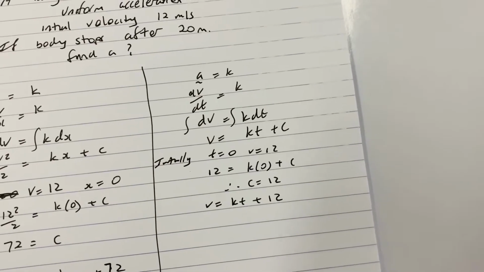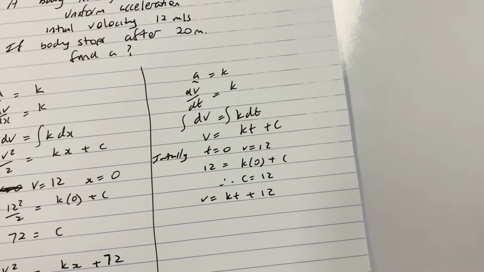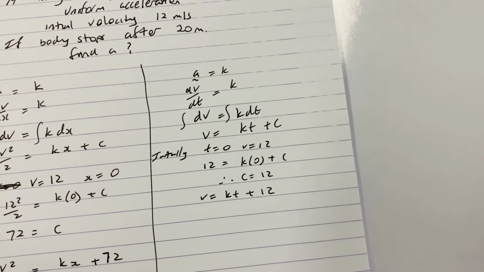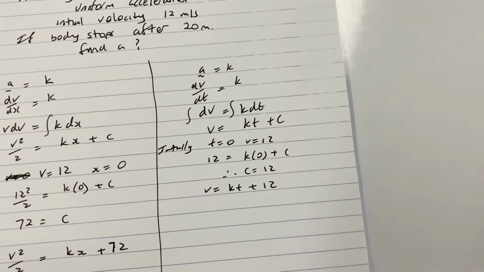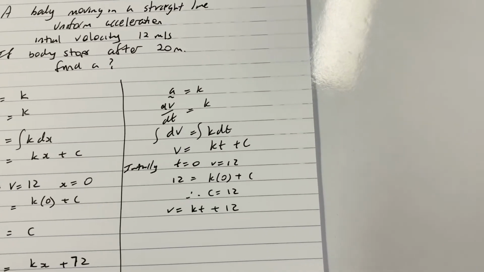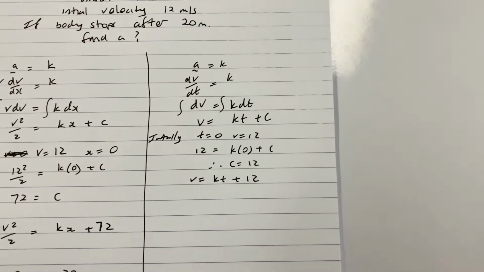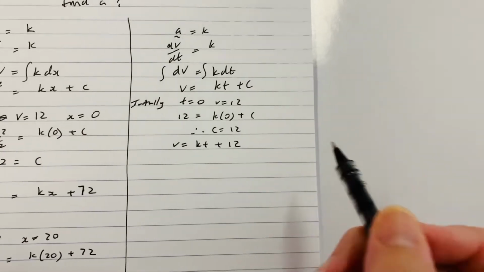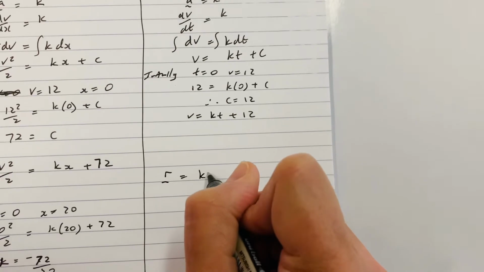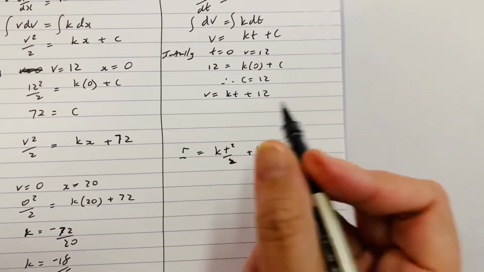And then this is where we run a little bit aground, because we get to that point, but to find the body stops after 20 meters. So the velocity is 0 when x is 20 meters. No mention of time. So choosing this way to go is a little bit more difficult, but you still can follow this path. If we do this, I'll go now to a position. So that'll be kt squared on 2, plus 12t plus c.